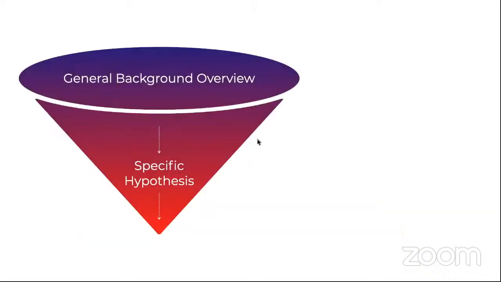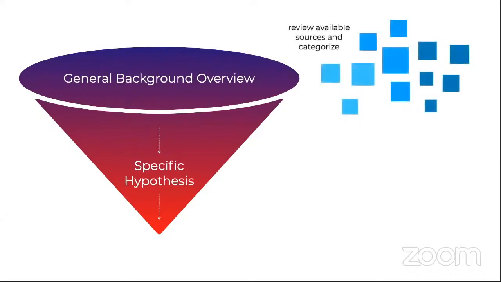And so the typical process that we recommend is to start from where you are and try to define what is the specific data set, what is the problem statement that you have, and then trying to work through on how to make that into a much more specific question, because that really can help you then narrow down the number of options that you have to do your analysis, and it will streamline or simplify the interpretation at the end. And so the first part is to review available sources and to categorize them by some kind of type.